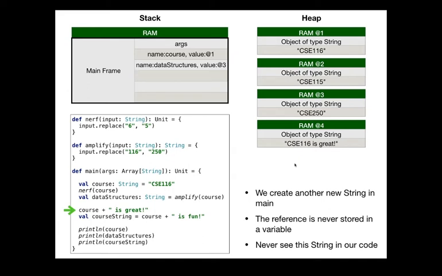We have these two strings that are going to be concatenated. We're going to get this new string, CSE116 is great, a very true statement. That's at some new reference, but I never reassign this to anything. I never assign this to any value or variable. So I just lose that change. That string was created.